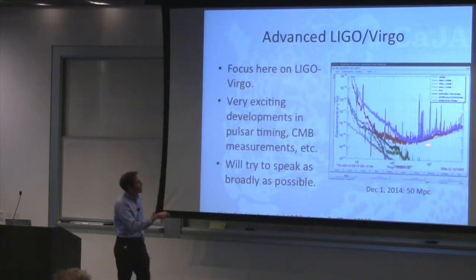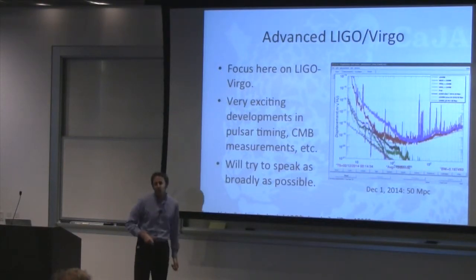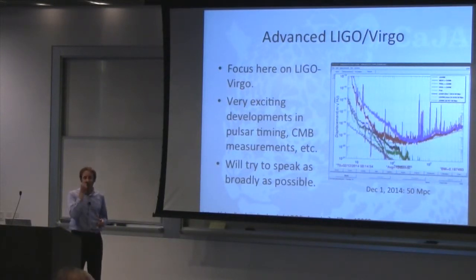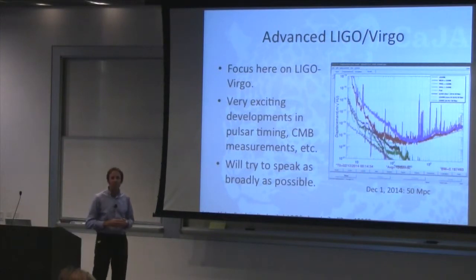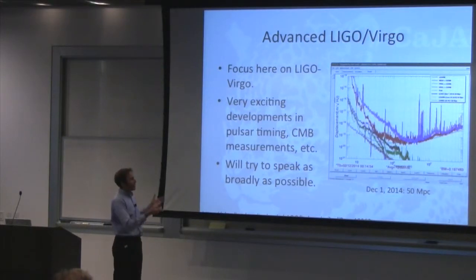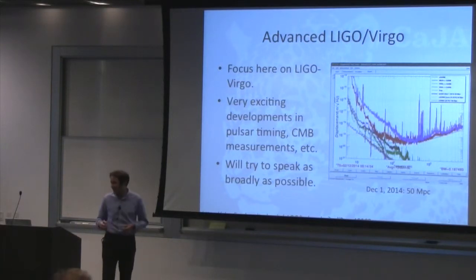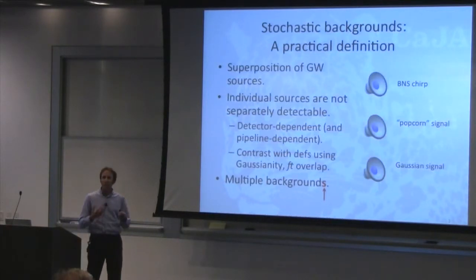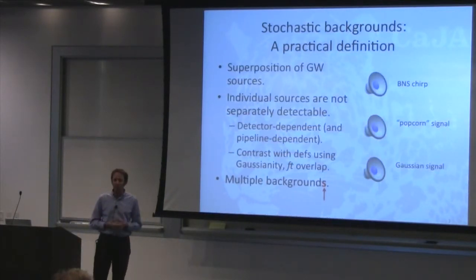And with this sensitivity, the next stage of Advanced LIGO with this level of commissioning can already achieve about 50 megaparsecs of reach for seeing compact binary coalescences. This is about a factor of 2 greater than we had with initial LIGO. And this is just the beginning of this era of advanced detectors, which will enable us to do some really exciting gravitational wave physics.